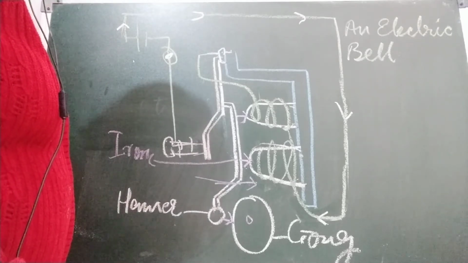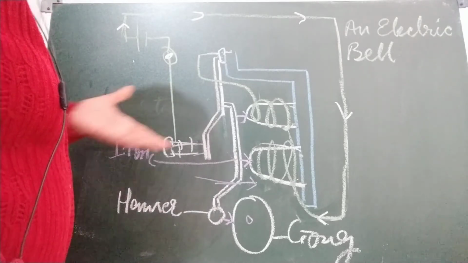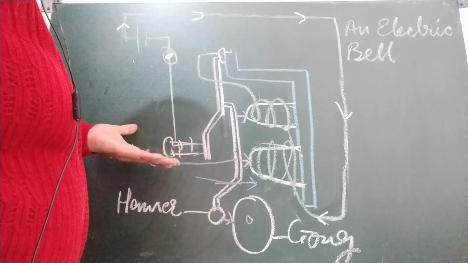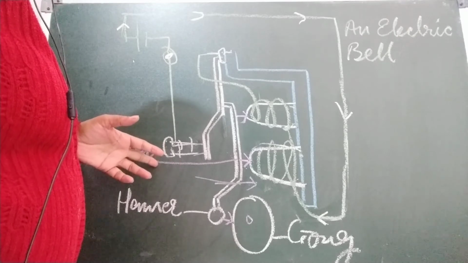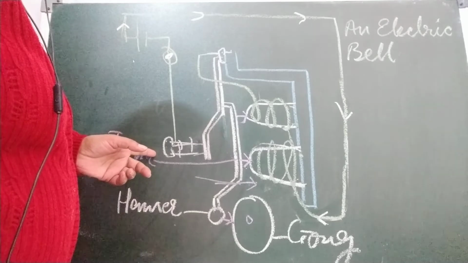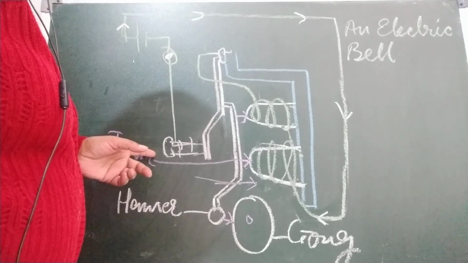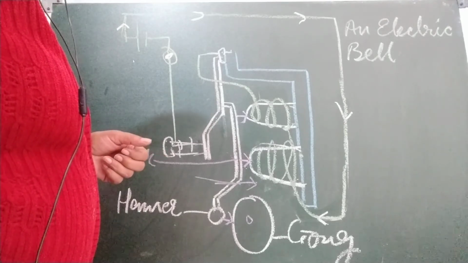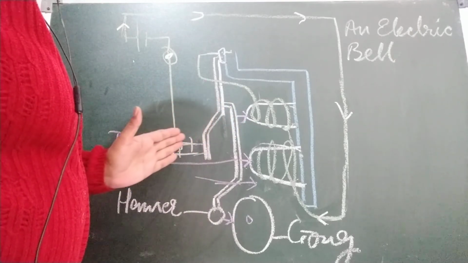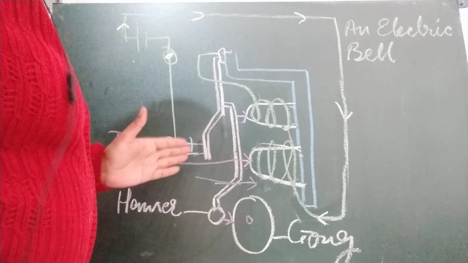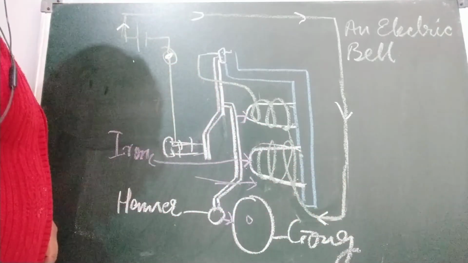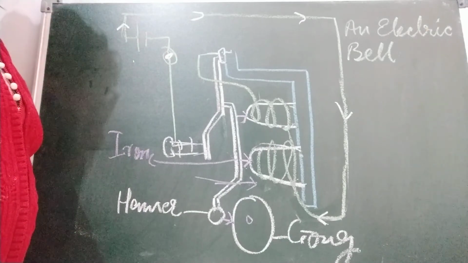This causes the electromagnet to lose its magnetism, and the armature springs back to its original position to close the circuit once again. Current flows again and again, and the cycle repeats. This keeps on repeating itself till the current is switched off. So this is the working of the electric bell. Thank you, children.